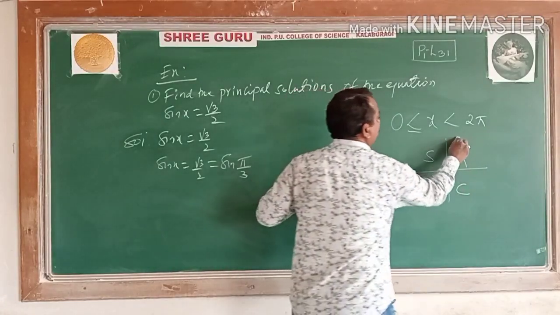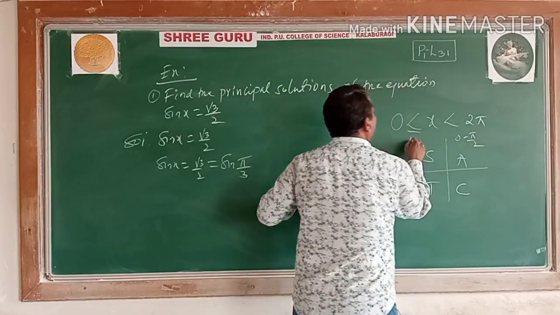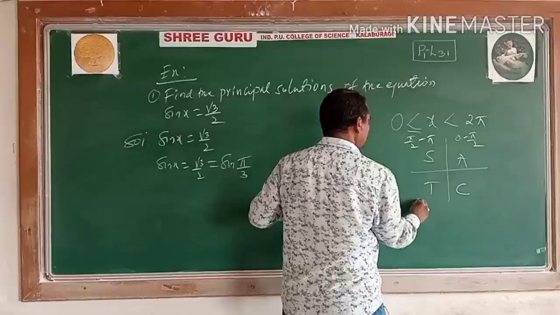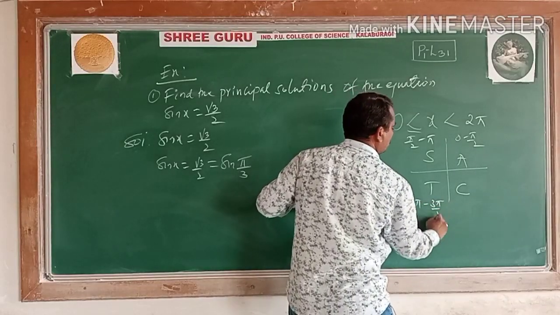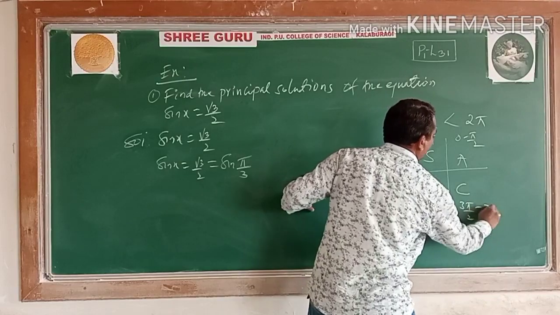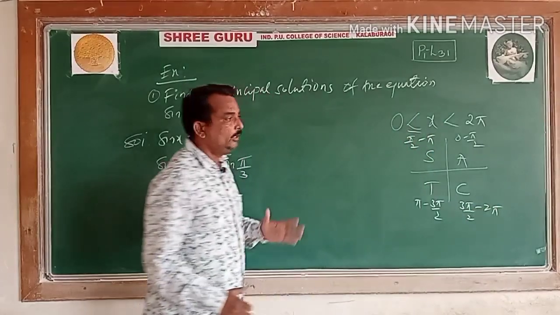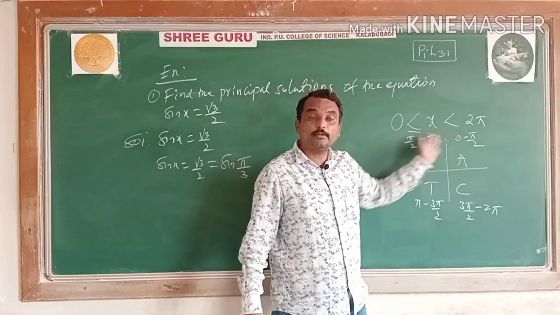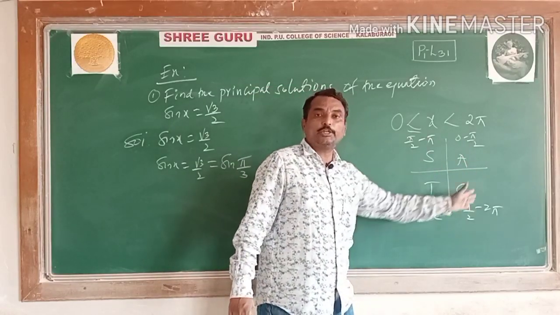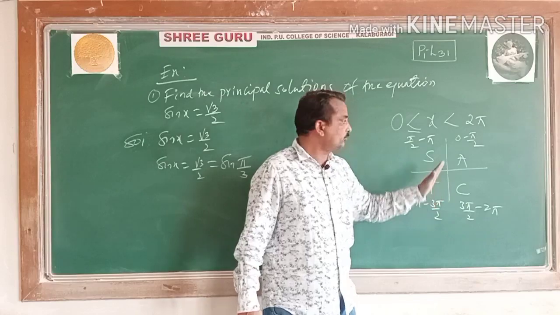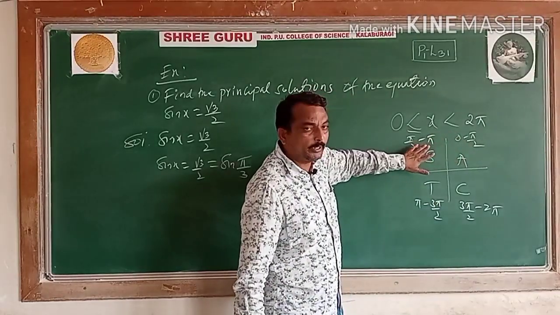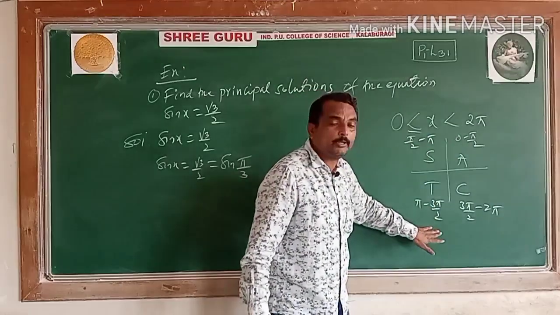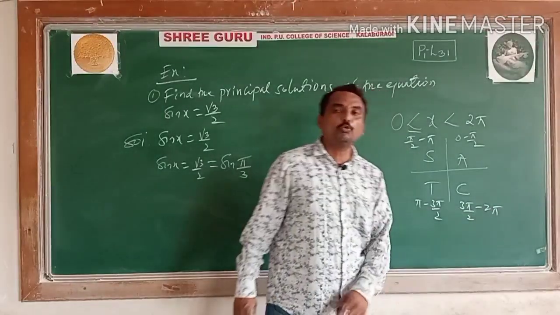That is, 0 to pi by 2, pi by 2 to pi, pi to 3 pi by 2, 3 pi by 2 to 2 pi. The plane is divided into 4 equal parts, and each part is known as a quadrant. The whole plane is 360 degree, 2 pi.